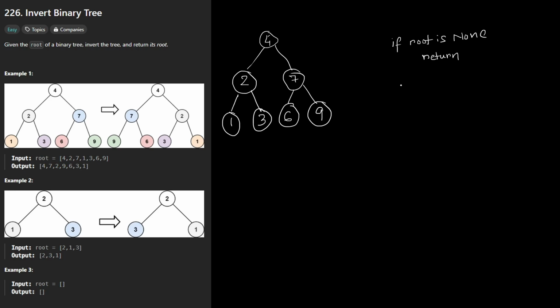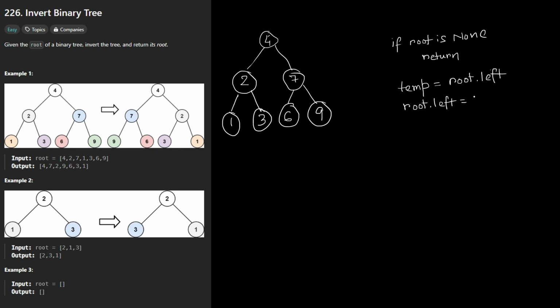Else, we are going to take a temporary value, temp, equal to root dot left. It's just a swap function, you can think of it that way.